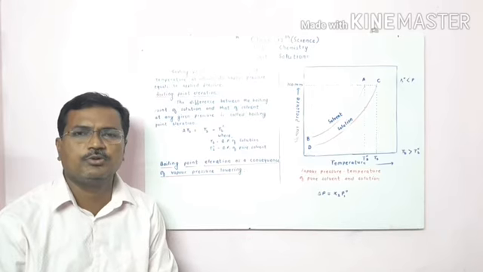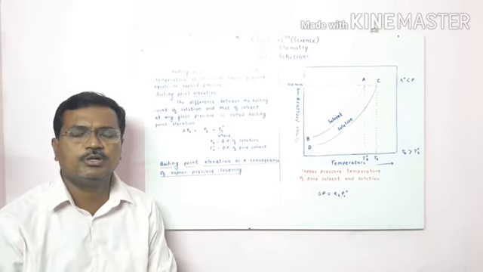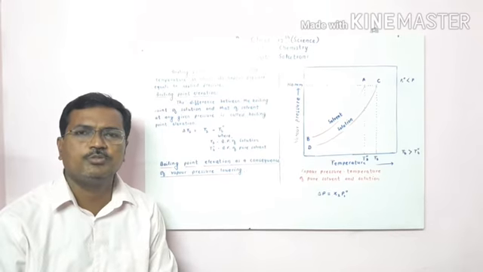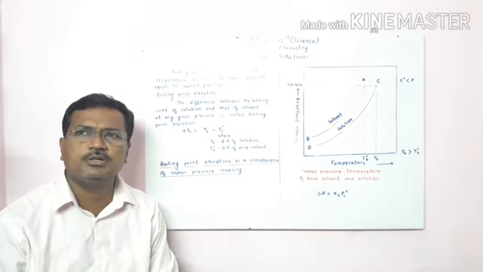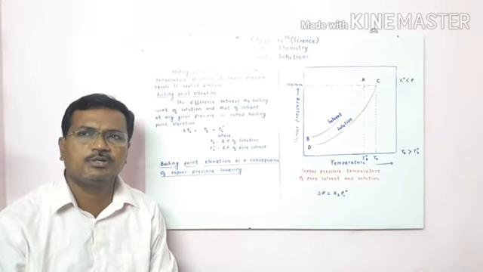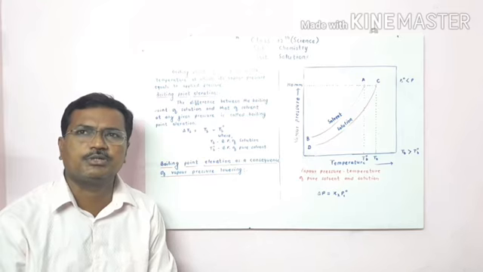Now today we are going to learn boiling point elevation. What is boiling point? Boiling point of a liquid is the temperature at which the vapor pressure of the liquid is equal to the applied pressure.